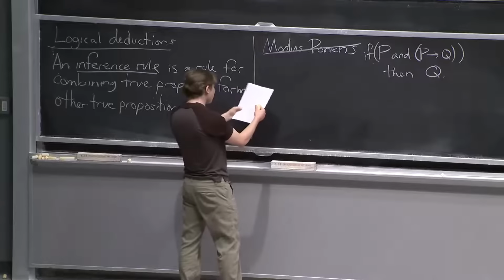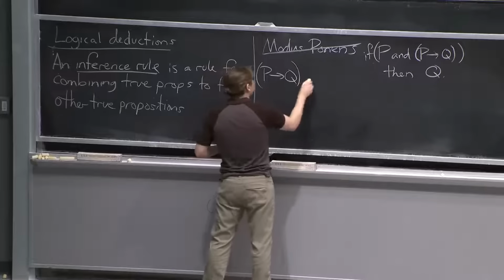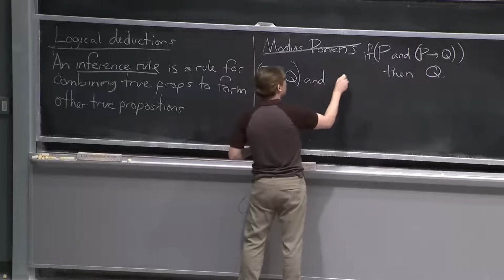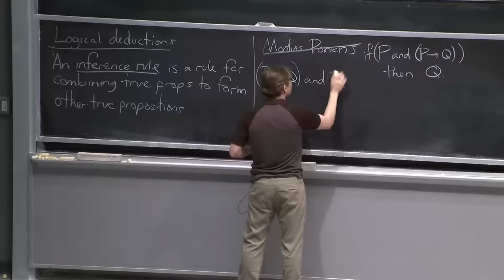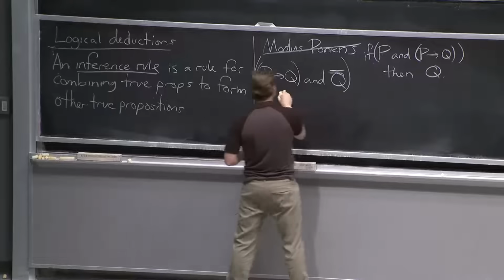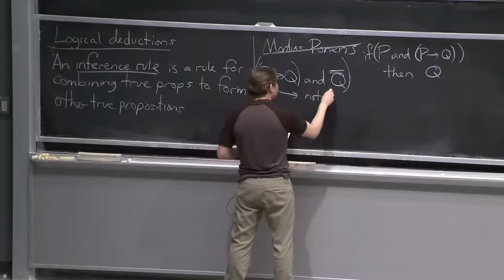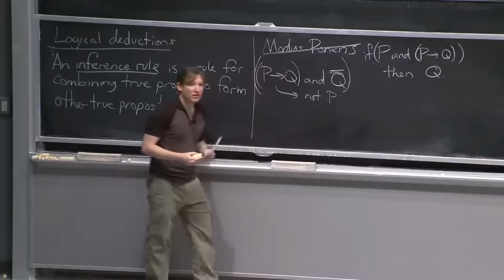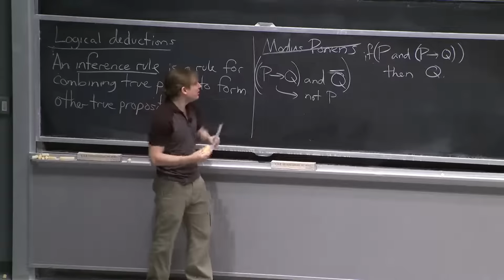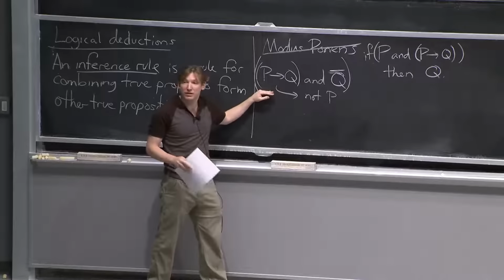There are some other famous ones, like if we know P implies Q and we know not Q, then all of that implies not P. This is sort of the opposite direction. If we know P implies Q, but Q is false, then P better be false as well.